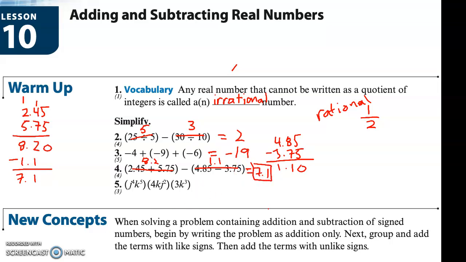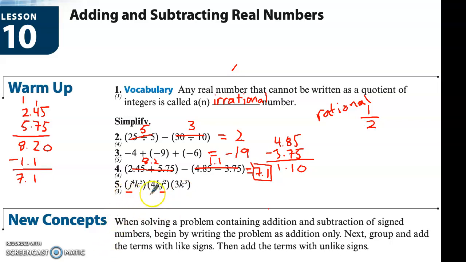All right, number 5, I'm multiplying 3 things together. Remember when we multiply variables, we're going to use the product property of exponents. So I'm only going to combine the exponents that have the same base. Here I have j to the 4th and j squared, and I don't have any j's in this next one that I'm multiplying.